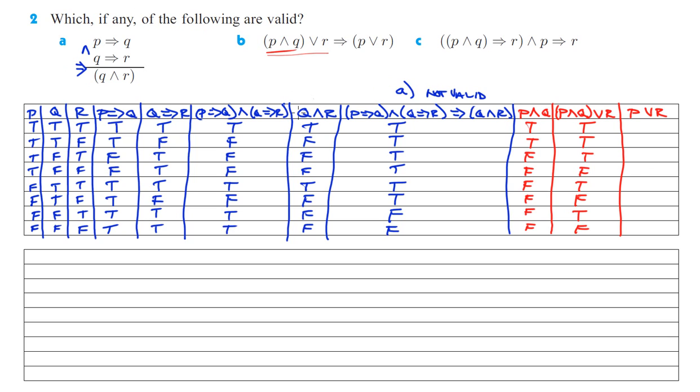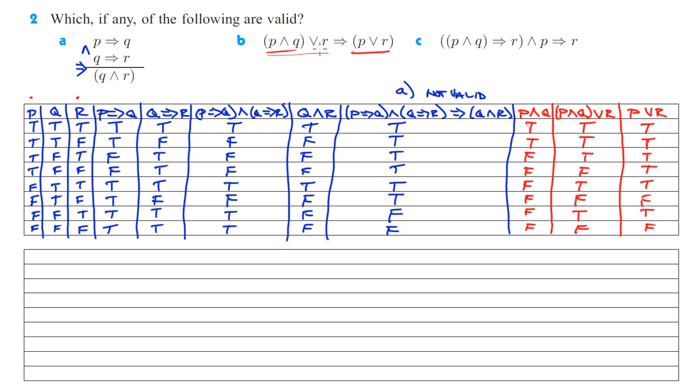All right, so we've got P or R. So again, as long as one of these is true, so look, all these first four are all true, so these have to all be true because you only need one true. Doesn't matter what the other one is. And then these over here are, we got true, false, true, false. So we've got true, false, that works. False, false doesn't. True, false does work. False, false doesn't. So it's going to be true, false, true, false. Okay, so that's P or R.